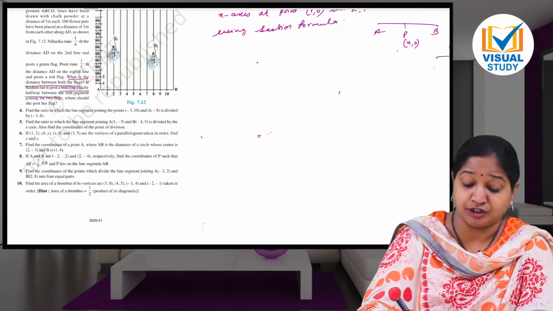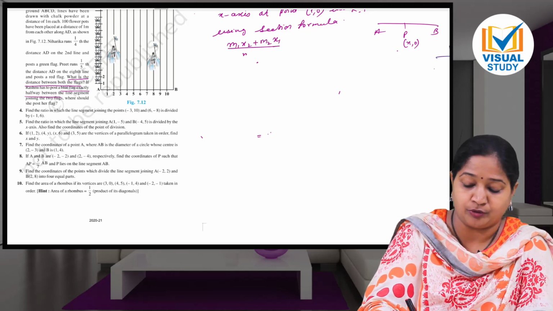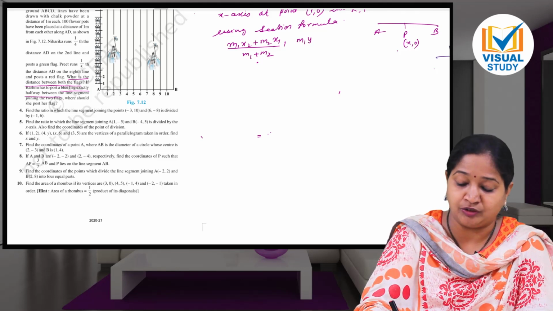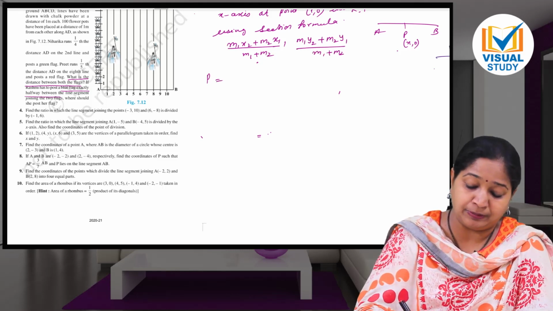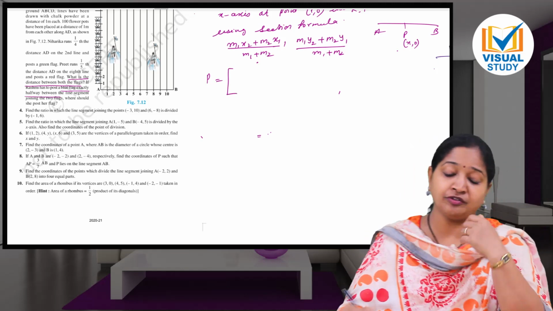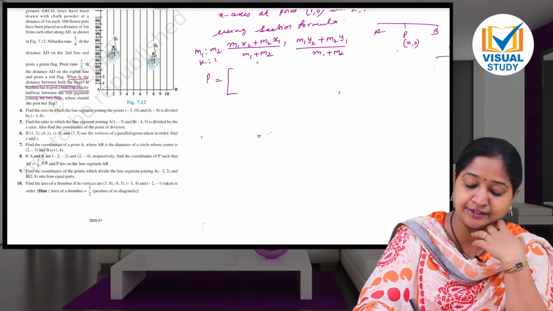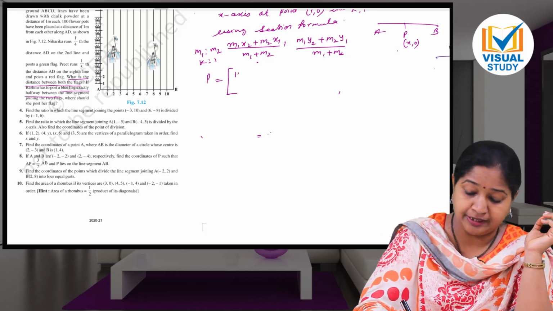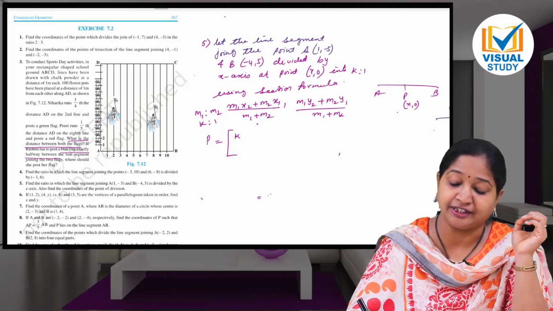सेक्शन फॉर्म्युला यूज करायचा. सेक्शन फॉर्म्युला काय, (m1x2 + m2x1)/(m1 + m2) and what is y, (m1y2 + m2y1)/(m1 + m2). So तुझा आपला P point काय होणार आहे, substitute the values, and the ratio m1:m2 is k:1.